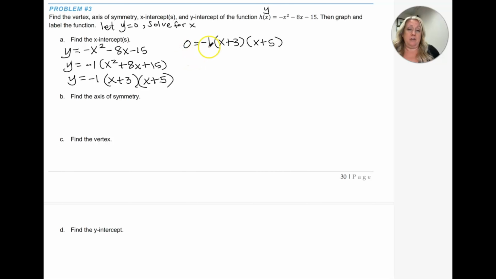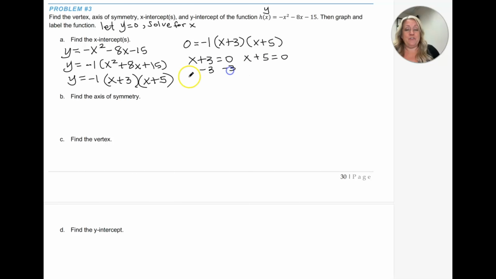Now remember, if I put 0 equal to negative 1, that's just a nonsense statement, and there's no x value to solve for there. So we're not going to put that factor equal to 0, but let's go ahead and do the other two. So x plus 3 equals 0, and x plus 5 equals 0.